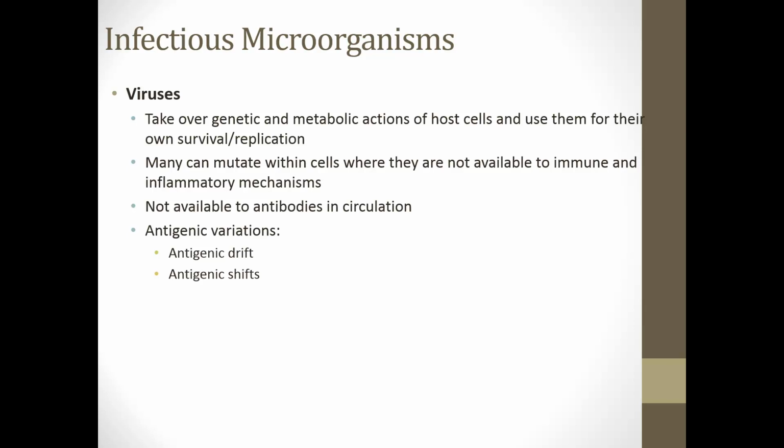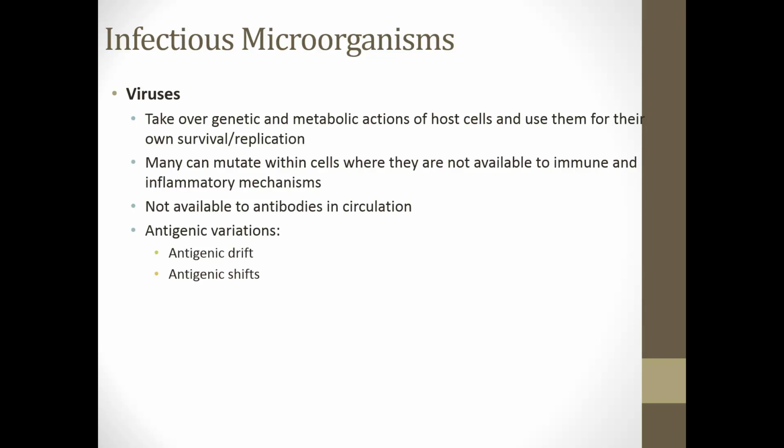And that's the key reason why viruses can be so evil and so tricky, because they really do take over the genetic and metabolic action of our own cells and use it for their own, because they can't do it on their own. Also, they can mutate within the host cells.